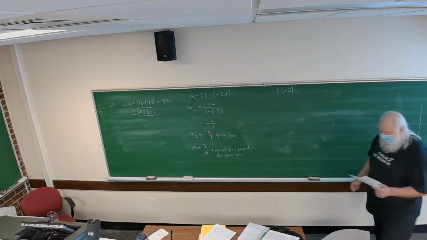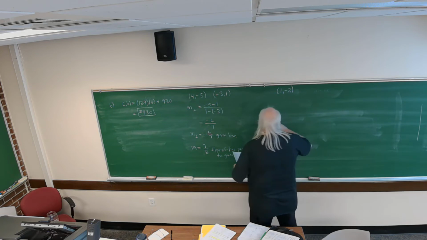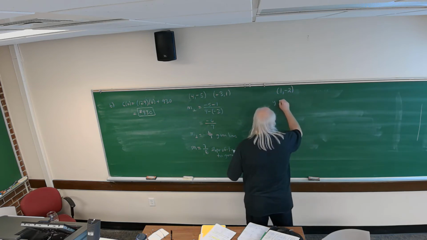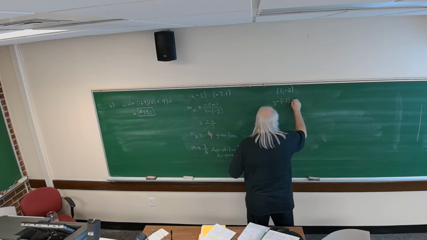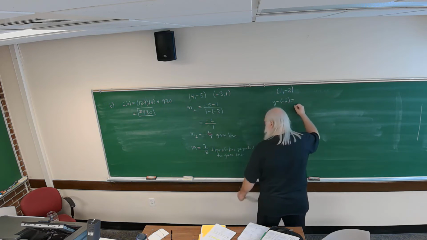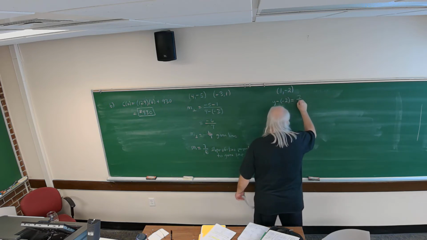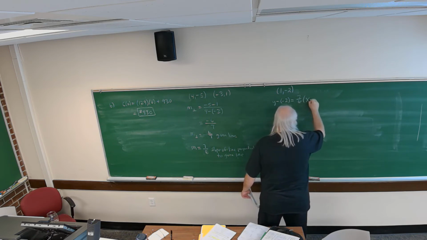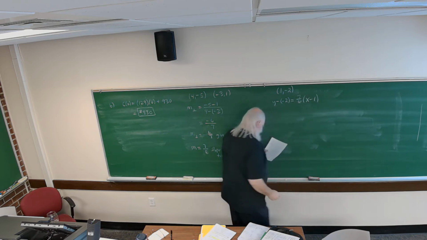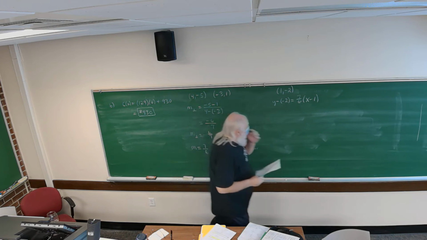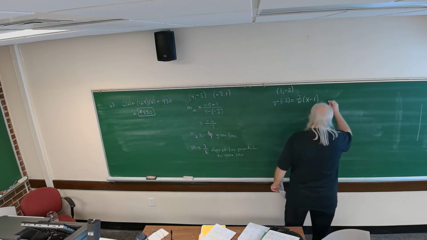Okay. So we have y minus negative 2 is equal to 7/6 times x minus 1. Okay. So this is point slope form.